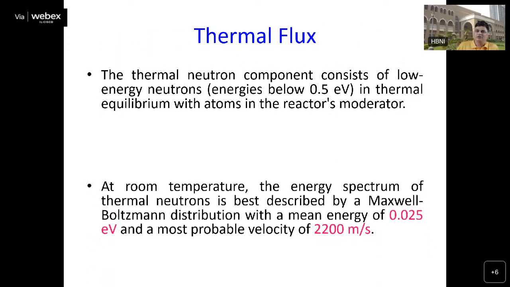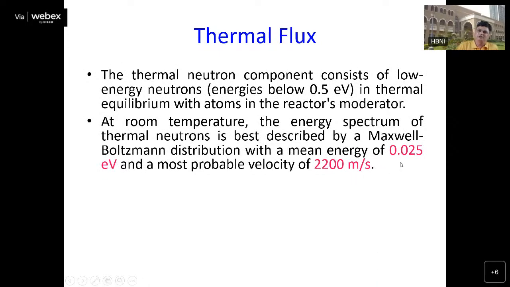In the case of thermal flux, the average energy of the neutrons is 0.025 electron volt. Basically, whatever flux is below 0.5 electron volt comes under this thermal flux, but the average energy is about 0.025 eV.